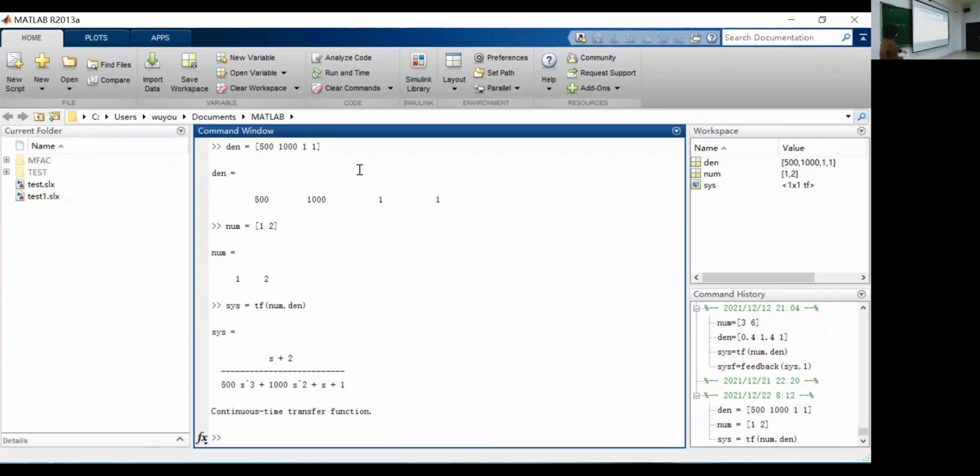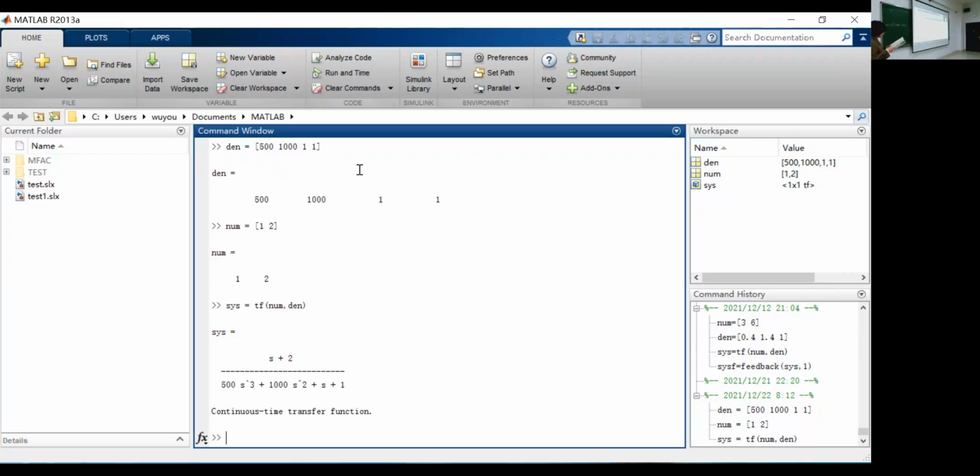See here, it shows a transfer function just the same as we have, right? And it says it's a continuous-time transfer function because it's a Laplace transform, right? So this is the system we need. Easy, right?